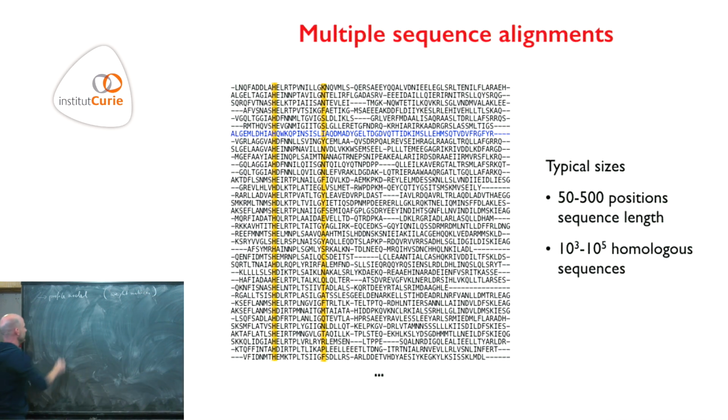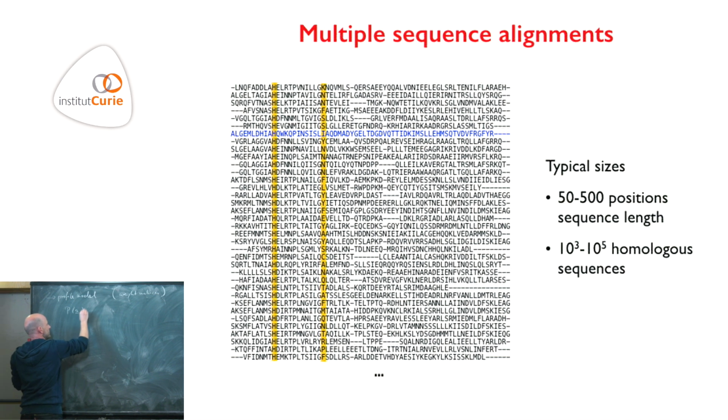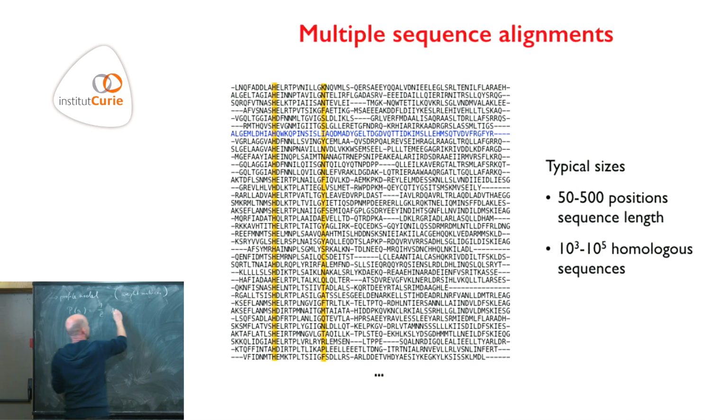And in this case, the probability of a sequence is just an additive function of single terms, the sum over i of h_i(a_i).